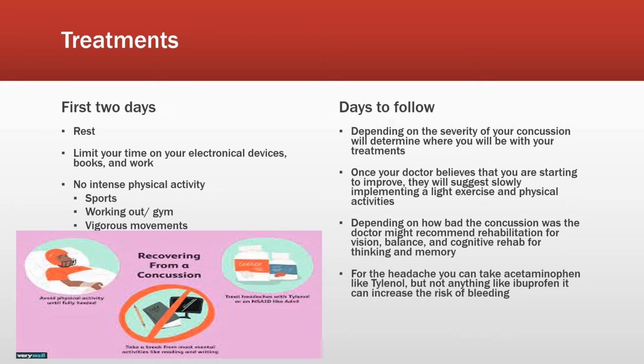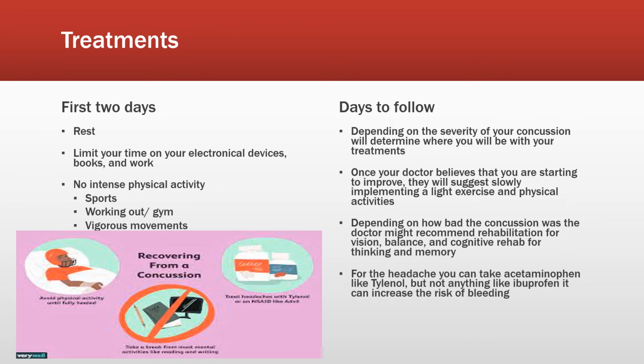With physical activity, you should not be doing any sports, and you should avoid working out, going to the gym, and any intense, vigorous movements. The days to follow, depending on the severity of your concussion, will determine where you will be with your treatments. If it's mild, you're probably going to be fully recovered after maybe 2 weeks.